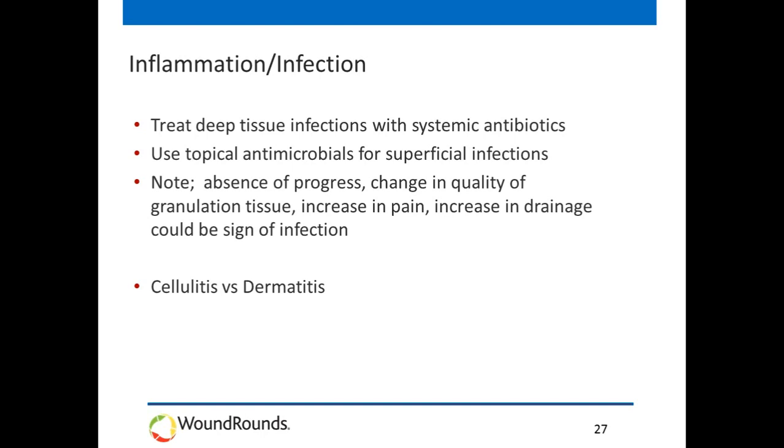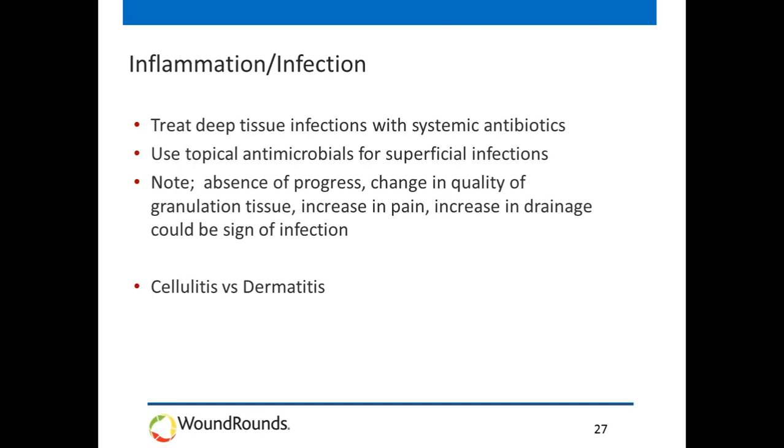You've got to look at the wound when you're doing your assessment and look for signs of infection, any inflammation. Remember, you've got an open wound, you've lost your protective barrier, so topical antimicrobials or antibiotics can be prescribed to clear skin infections that are related to your chronic venous insufficiency, but you still have to treat the underlying disease. You want to prevent recurrence. Deeper tissue infections, your cellulitis, you need to have systemic treatments.